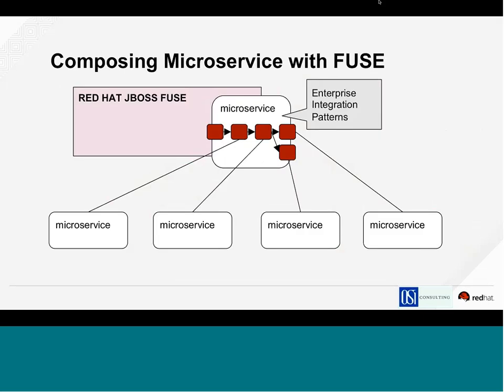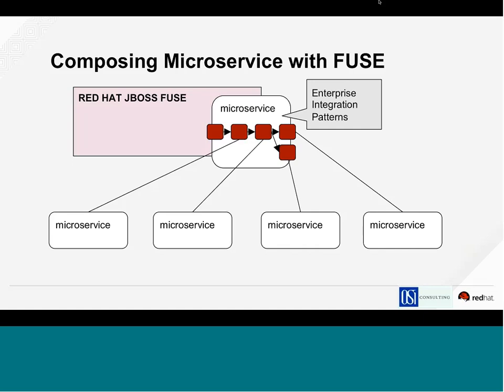Even zooming out, we're using Fuse to create composable services. So not just a system that I need to send the shipping location to for a downstream system, but a series of services that I need to perform to gather the data that I need.